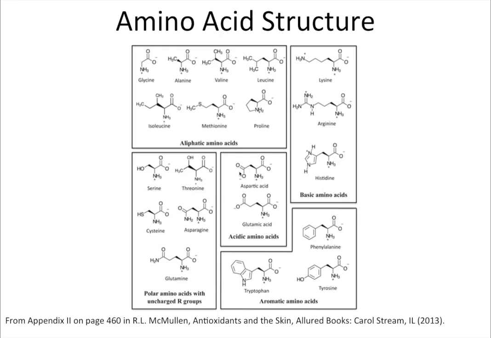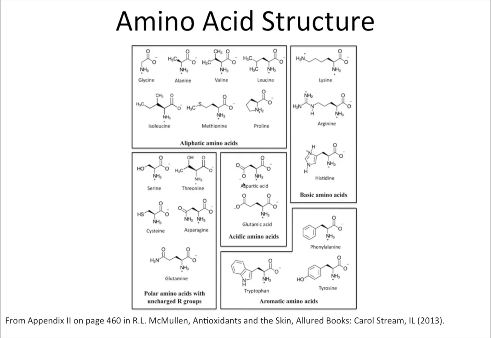But when we're just talking about the R groups, we can have negative or positively charged R groups. Here we have the acidic amino acids that are shown in the middle here. You can see these have negative groups. The carboxylate groups at the end of the R groups are negative.